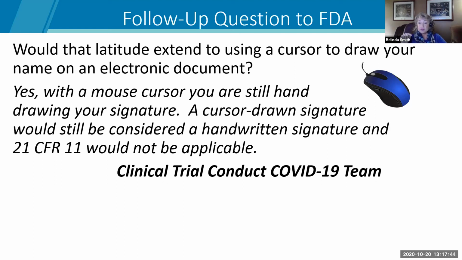But at least for this portion, if you do a process that's somewhat of a hybrid and you have an electronic signature and you don't have a Part 11 compliant program available, these handwritten, cursor written, mouse signed documents are temporarily okay. FDA's terminology they usually use is we will use enforcement discretion. In other words, yes, it's a rule, but we're going to lay off of it for now and not enforce that rule.